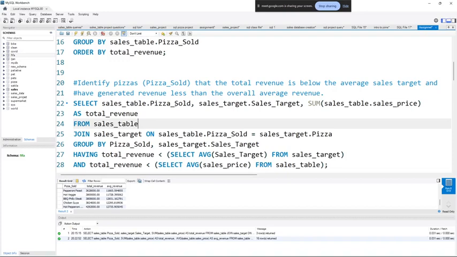I'll say it again: identify pizzas that the total revenue is below the average sales target and have generated revenue less than the overall average revenue.